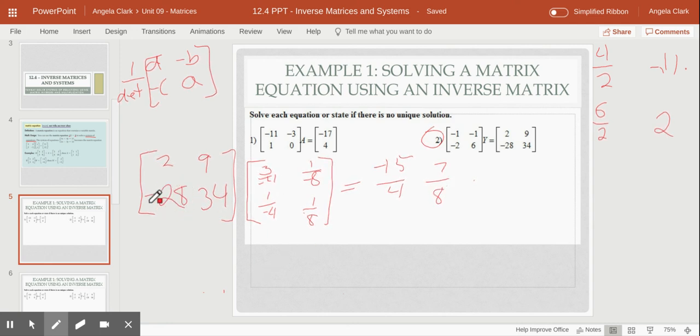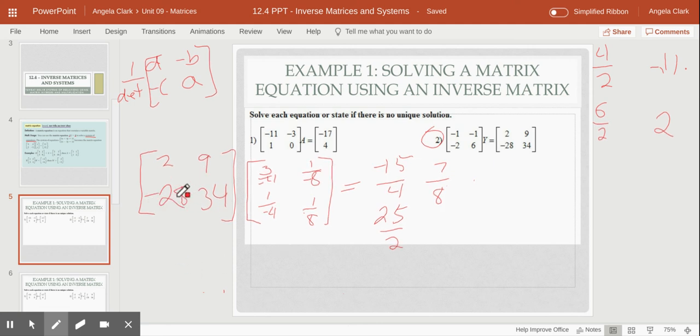And then if I have negative 28 times 1 over negative 4, nope, that's not how this works. Negative 28 times 3 over negative 4 plus 34 times 1 over negative 4 is 25 over 2.